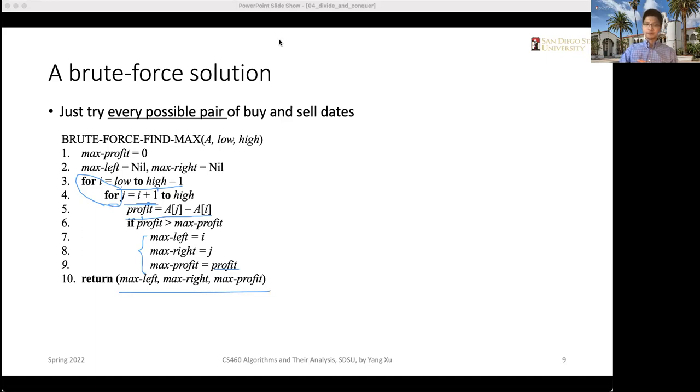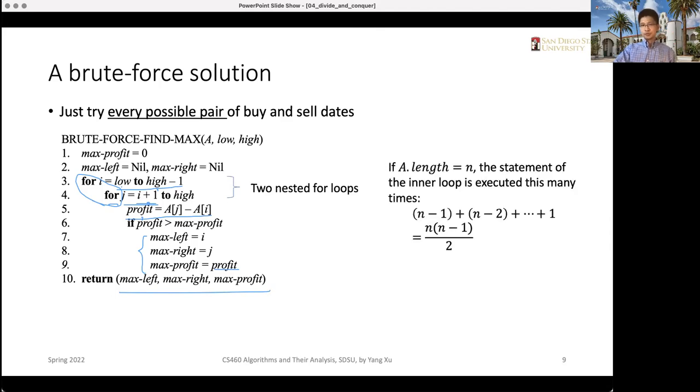I think that's quite a straightforward solution, because we are using 2 loop counters with a 2-layer nested for loop to scan over the price table. So it's a solution that works. That's something we can easily realize, but the running time efficiency is another issue.